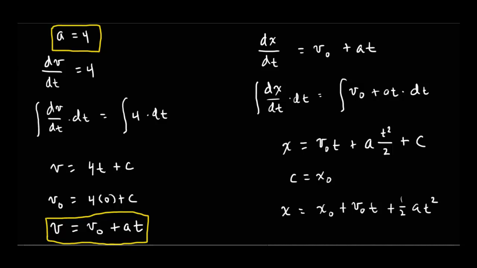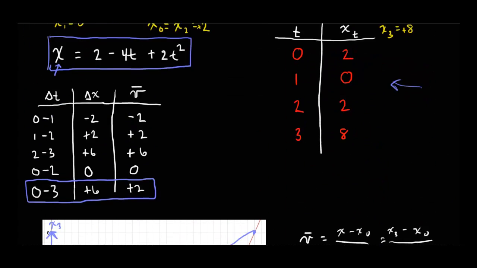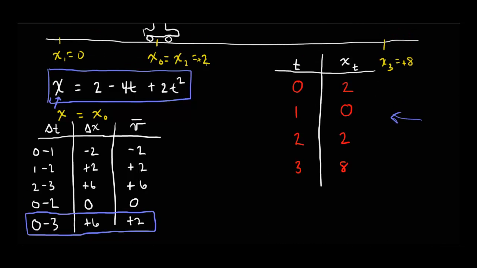Now this is an enormously useful equation. We're going to use this equation a lot. Okay? And I want to point out that this equation is this equation up here, right? This is the same form. What do we have here? This is x equals x naught, starting position, which we knew. We said that the starting position here was 2.